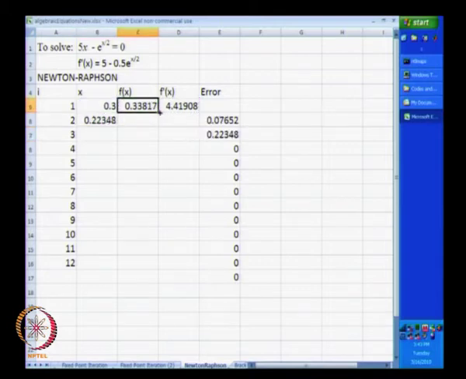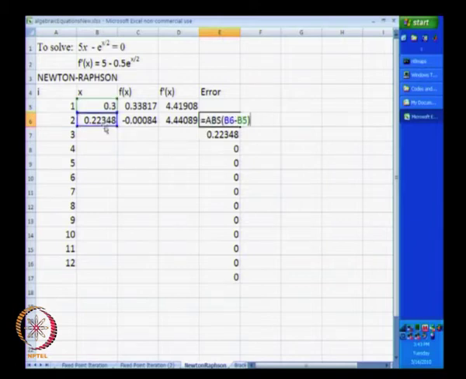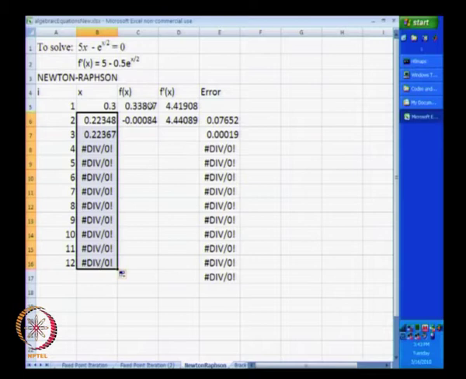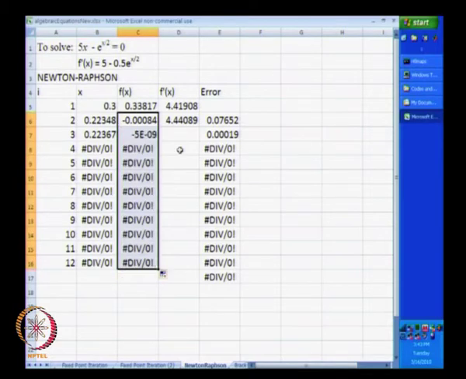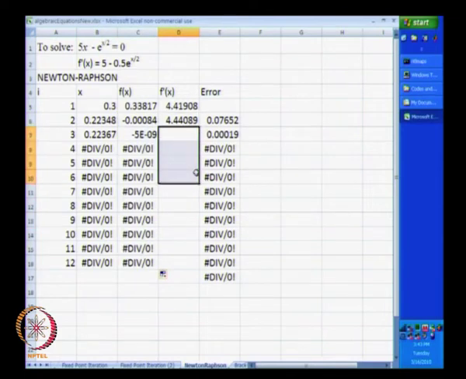Again we can compute our f x, we can compute our f dash x. We have started, and this error that we have is just the difference between the successive values. Then we just drag this down, we also drag this particular column down, and this one as well.